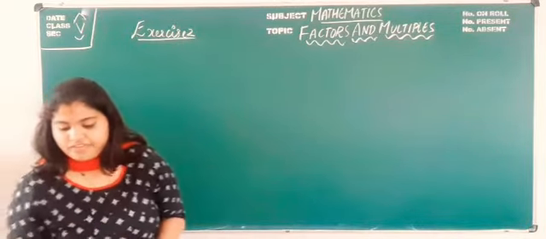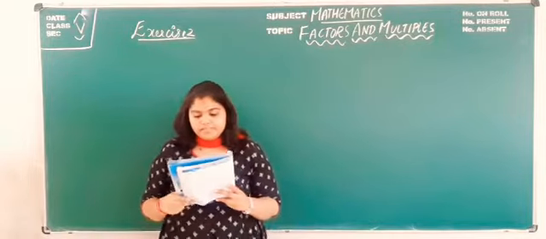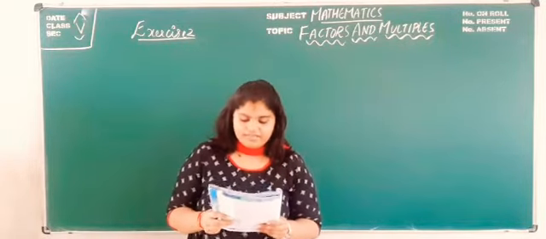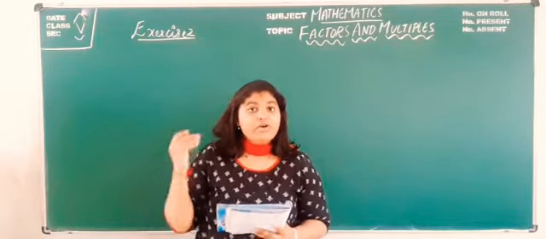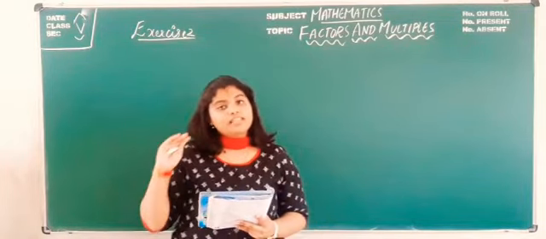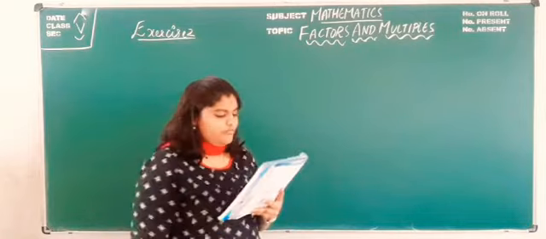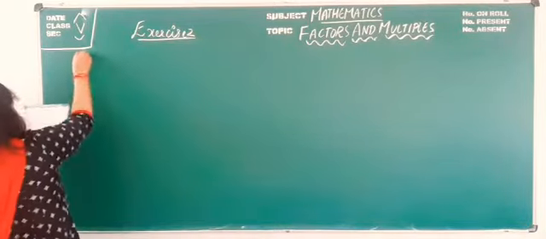Under that, A: circle the numbers that are divisible by given numbers. They have given a few numbers and we have to check whether the given number is divisible by that number or not. So we shall take down the heading. Take down the heading, children.